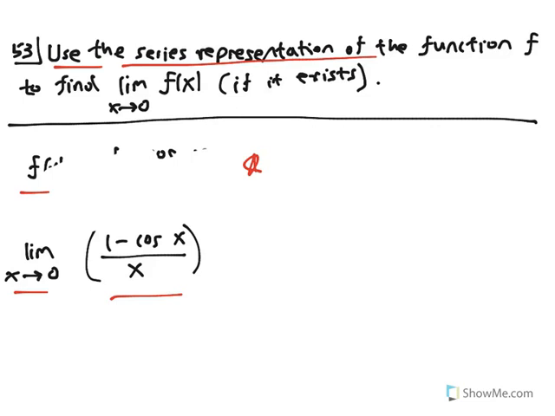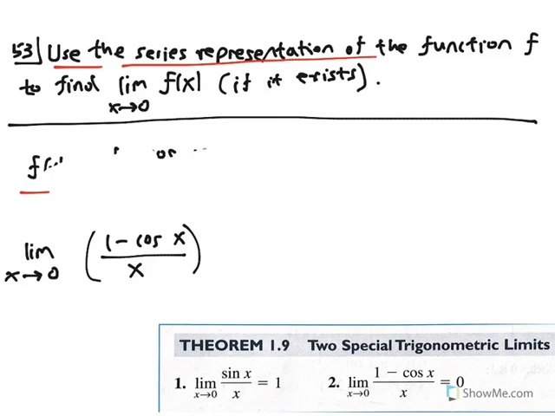But of course, we would like to follow the instructions and do the problem the way we're being instructed to do it. But I would like to, just for the sake of reminding you of something that you learned in Calculus AB, look at a theorem from Chapter 1. So as you can see from Theorem 1.9, the limit of 1 minus cosine x over x as x approaches 0 is equal to 0.